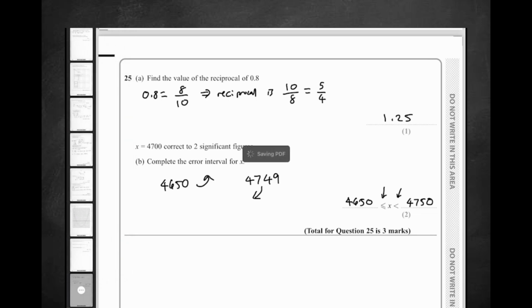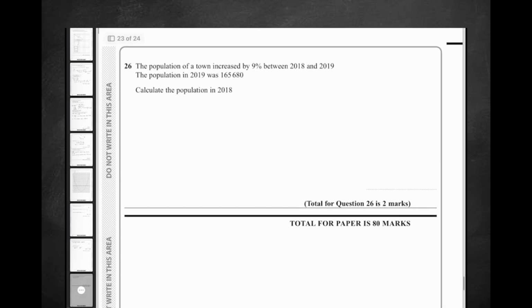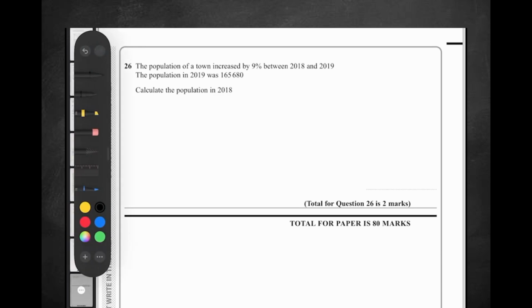And we'll move on to the final question, question 26. The population of a town increased by 9% between 2018 and 2019. The population in 2019 was 165,680. Calculate the population in 2018.